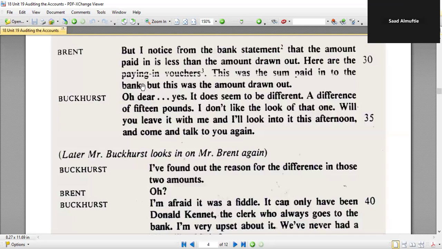Here are the paying in vouchers. This was the sum paid into the bank, but this was the amount drawn out. Oh dear, yes. It does seem to be different. A difference of £15. I don't like the look of that one. Would you leave it with me and I'll look into it this afternoon and come and talk to you again?